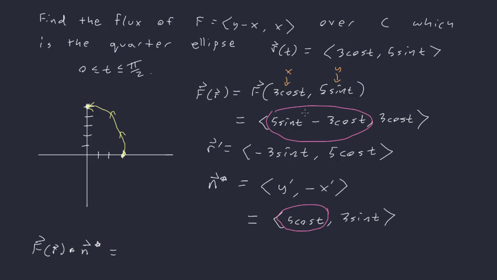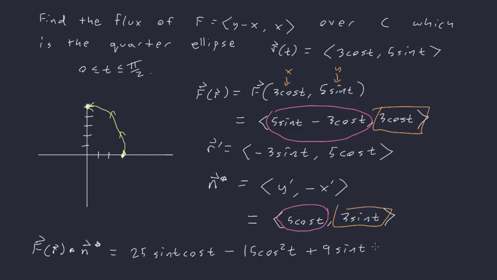So this is going to be 25 sine t cosine t minus 15 cosine squared t. And then we're going to multiply these components together, and we're going to get plus 9 sine t cosine t.